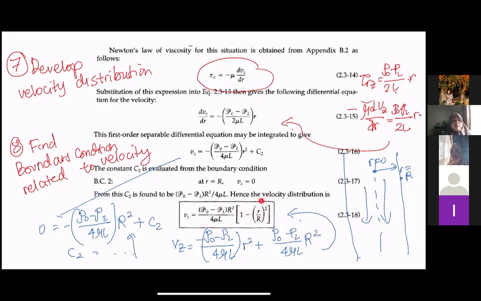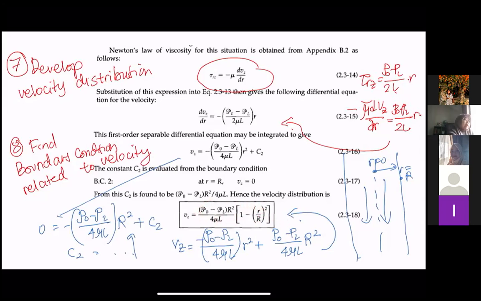But this tells you that the velocity would be a maximum, which is equal to 1 multiplied with this quantity, at r equal to 0, or on the axis. So the axis would be maximum, and on the wall r equals R, so that becomes 1, so 1 minus 1 equal to 0, then the vz would be equal to 0.